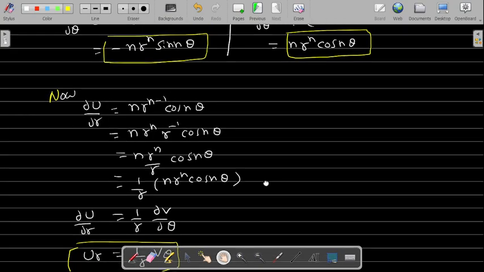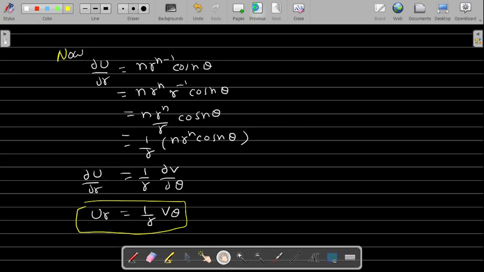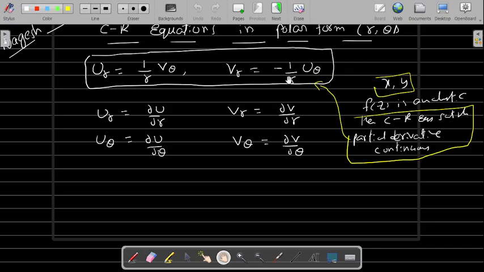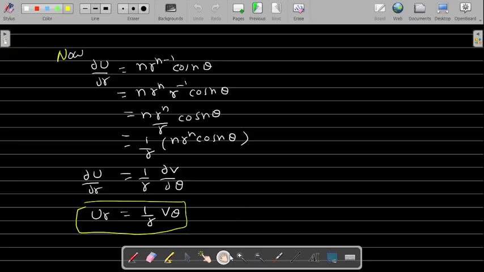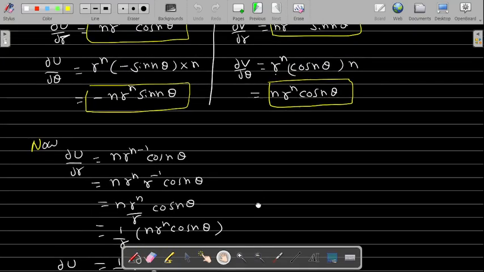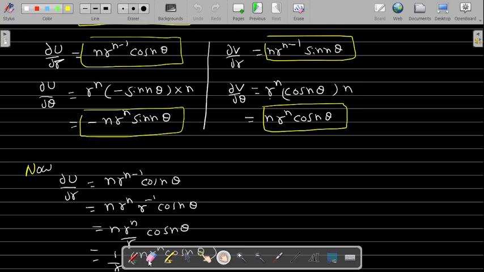Now we'll check the second one. What is the second? V_r equal to minus 1 by r u_theta. We take V_r, which means dou v by dou r. Dou v by dou r equals what we have: n into r power n minus 1 sin n theta.